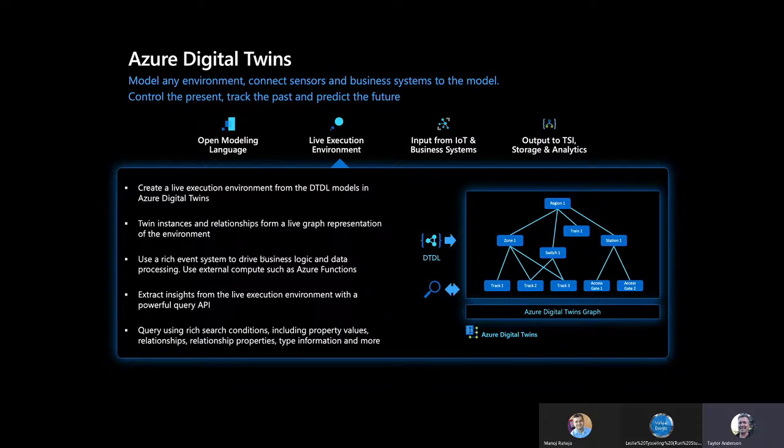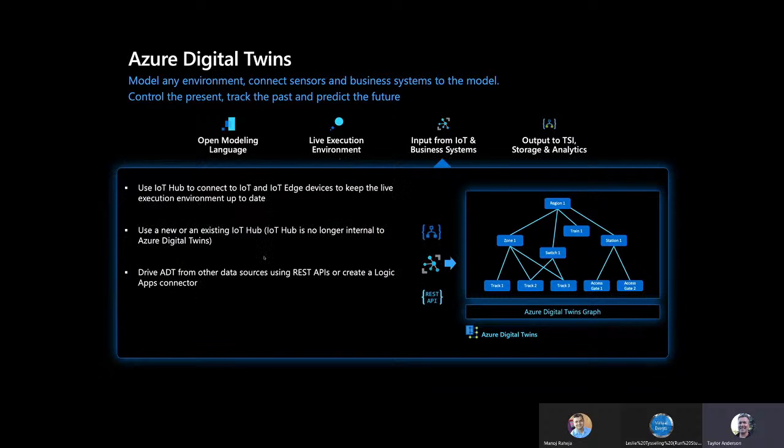So now that we have this representation of our connected environment, the next step is to start feeding it with data from the real world. And that's where our different input sources come in, as we mentioned a little bit earlier here. So you can use IoT Hub to connect to devices in the real world and then feed the observations, the measurements from those devices to your twin graph, or you can also use IoT Edge as well.